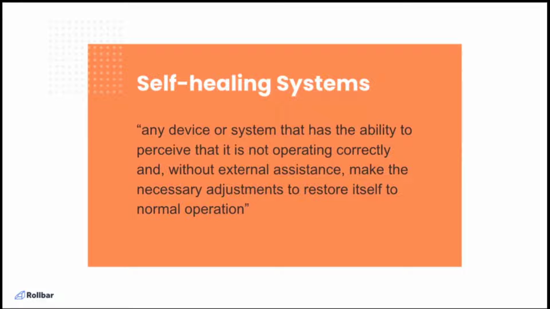So a self-healing system, here's a definition that I've put together based on some various spots around the internet that I've looked up. It's basically a system that can recognize that it's not working and, without any external assistance from a human being, make adjustments to restore itself to normal operation. And of course, restoring itself to normal operation doesn't mean fixing the bug itself.